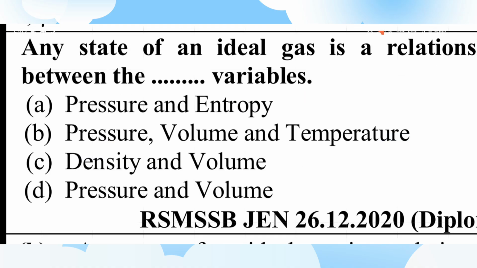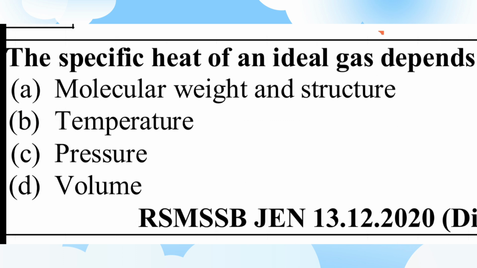Next question: any state of an ideal gas is a relationship between the dash variables: A pressure and entropy, B pressure, volume and temperature, C density and volume, D pressure and volume. B, pressure, volume and temperature. Next question: the specific heat of an ideal gas depends on A molecular weight and structure, B temperature, C pressure, D volume.